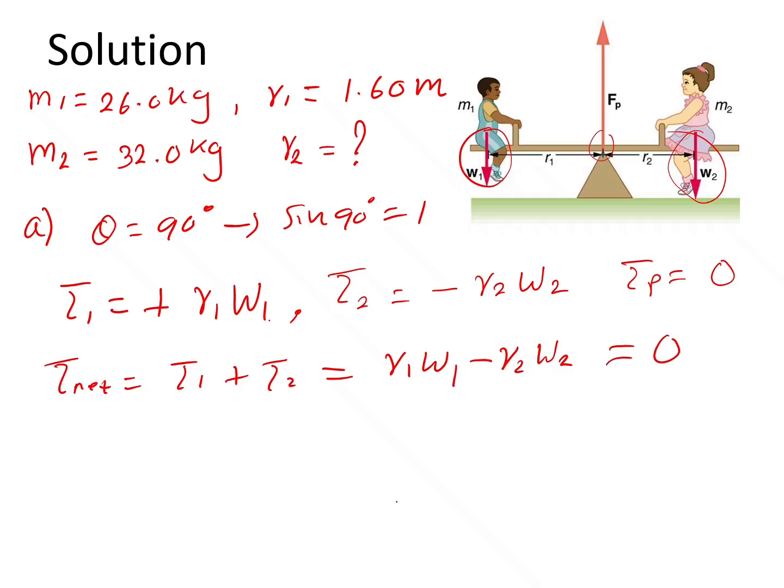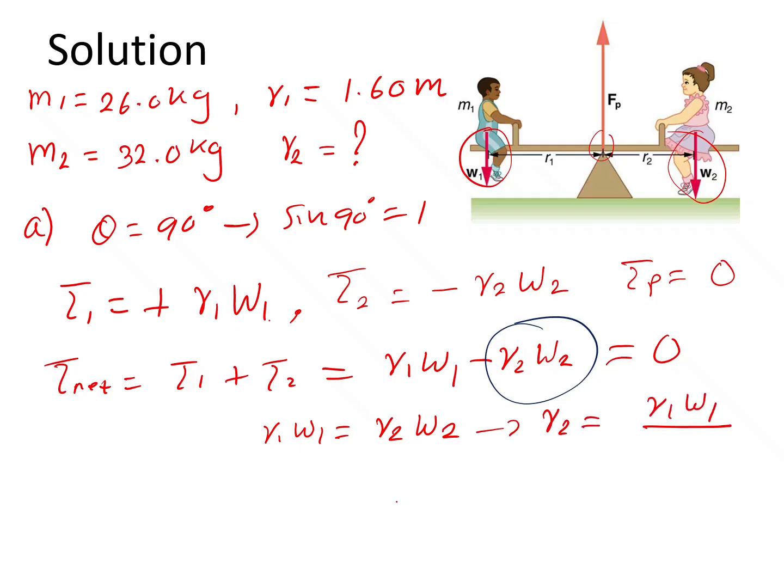Now we can rearrange this equation, so we can send this part to the right hand side, and we get R1 W1 equals R2 W2. We want to find R2, so R2 equals R1 W1 divided by W2. Now we can substitute the values.